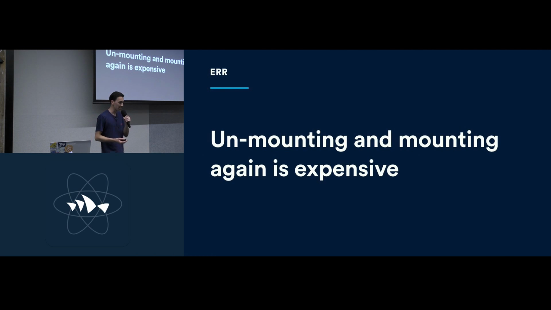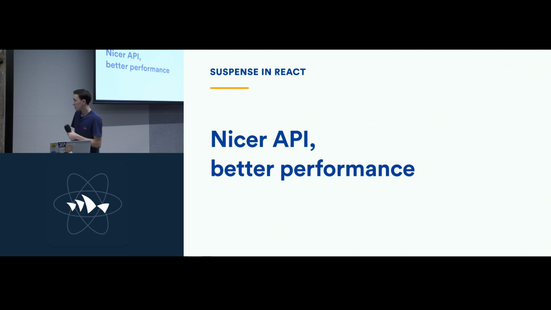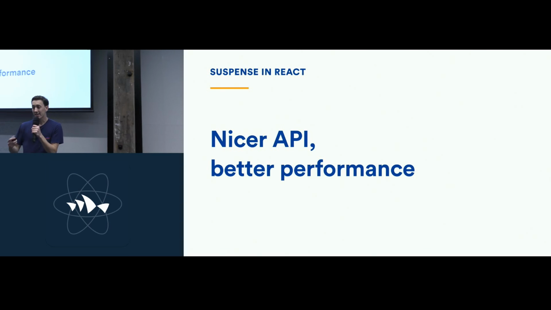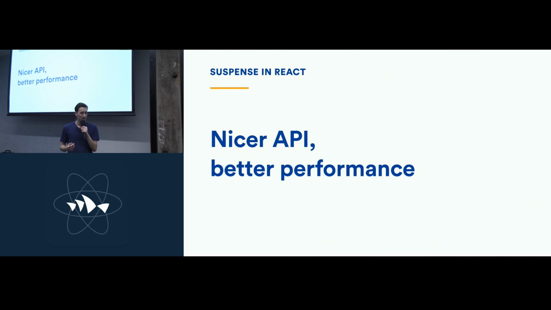And the performance characteristics of this is garbage as well, because unmounting and mounting a component tree is going to be way more expensive than just doing a re-render. And with a large component tree, this would certainly bog down. So these are really the two reasons why React needs to provide suspense.